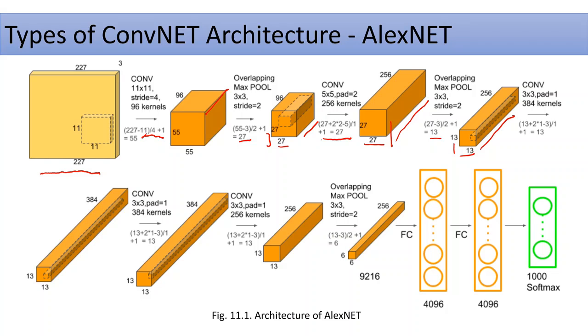We want to have same padding, so we do padding of 1, and we use 384 kernels. So we'll get this as our output. We don't do max pooling immediately as we have done previously, like a convolution pooling. Now we will do 3 convolutions together. This one was the first, this one was the second, and this one was the third.